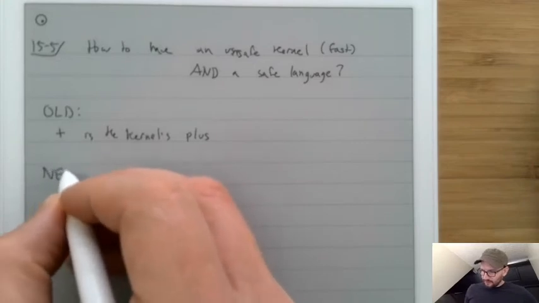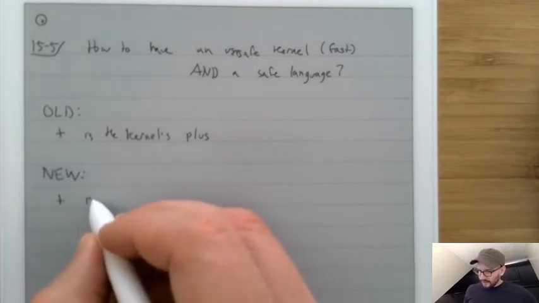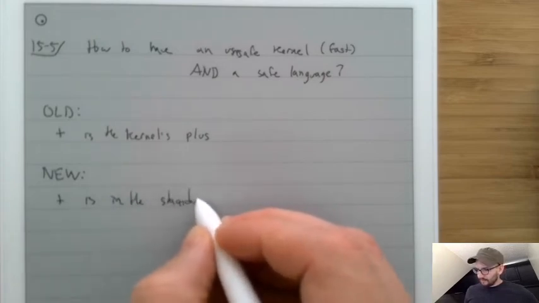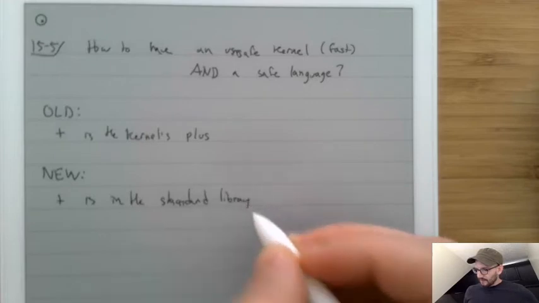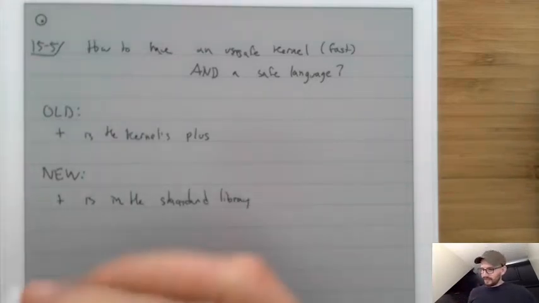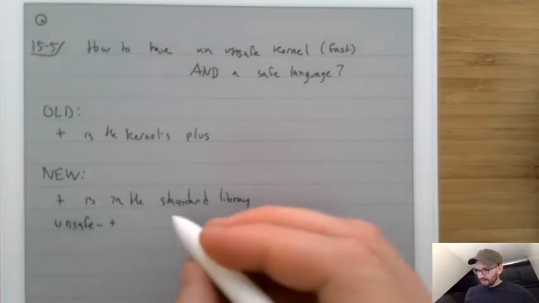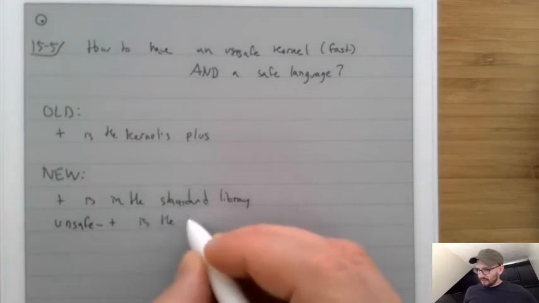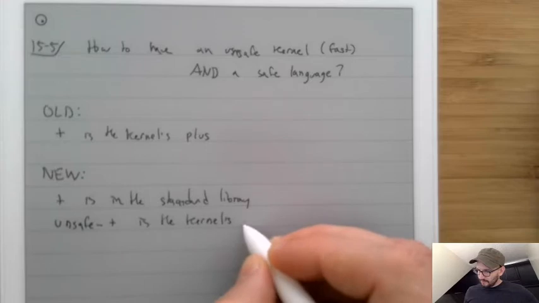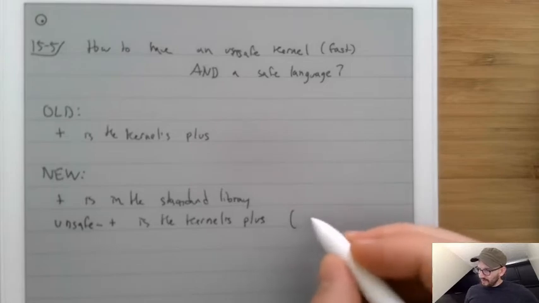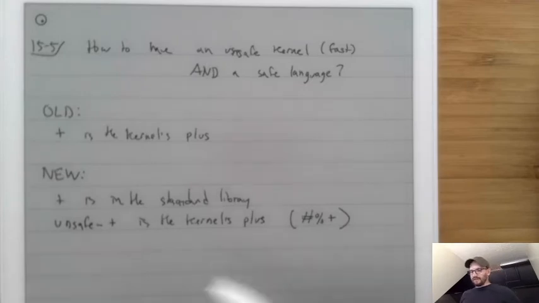In the new world, plus is in the standard library. And there's something deeper than plus, which we're going to call unsafe-plus. That is the kernel's plus. And in Racket, we call this function #%plus. Rather than writing unsafe-plus, we write #%plus.